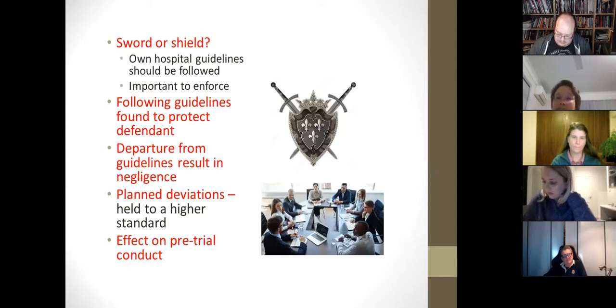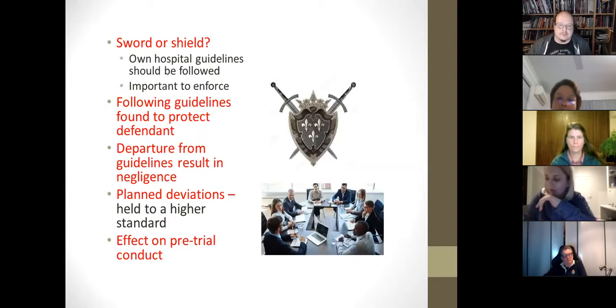So particularly if it was your own hospital guidelines, the court would expect you to follow the guideline that existed within your workplace. So following the guidelines was found to protect defendants, and departure from the guidelines did result in negligence.